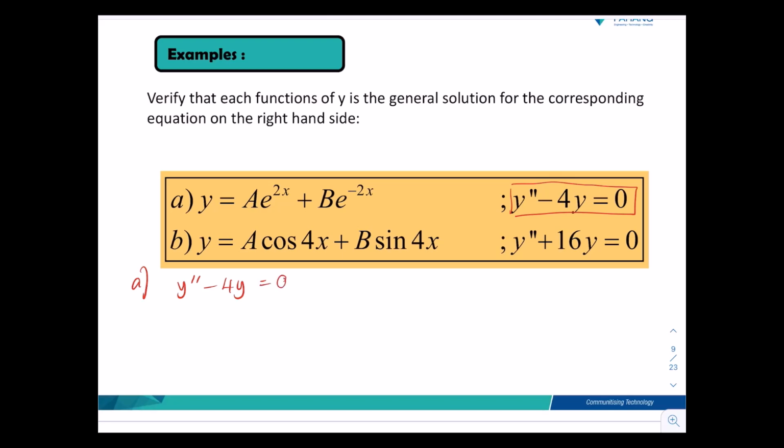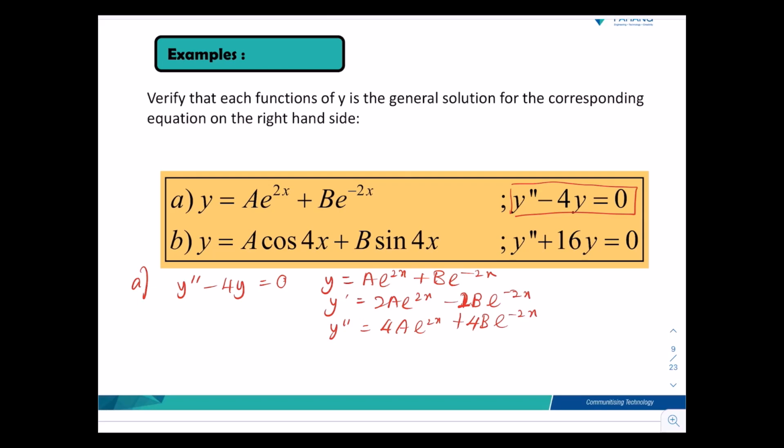First, we know that y equals a e^(2x) plus b e^(−2x). Obviously y prime is 2a e^(2x) minus 2b e^(−2x), and y double prime equals 4a e^(2x) plus 4b e^(−2x).